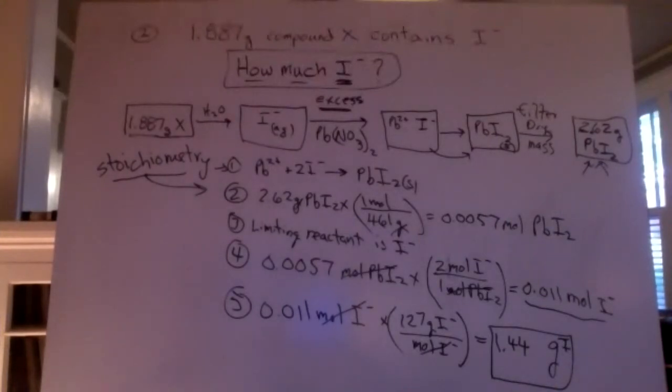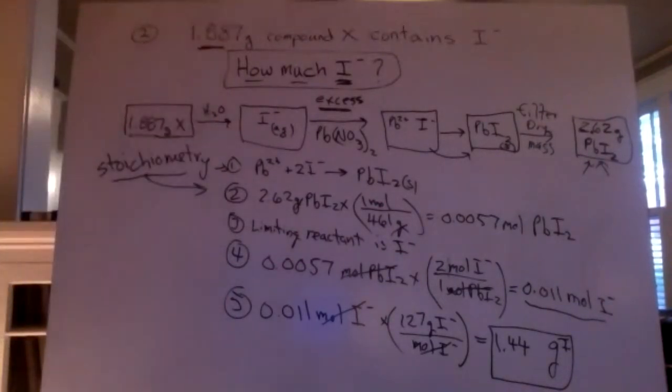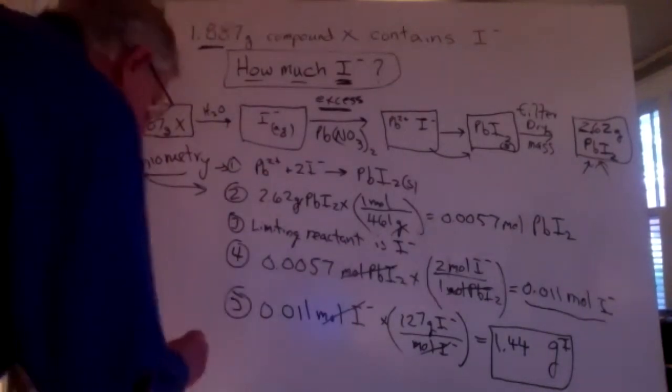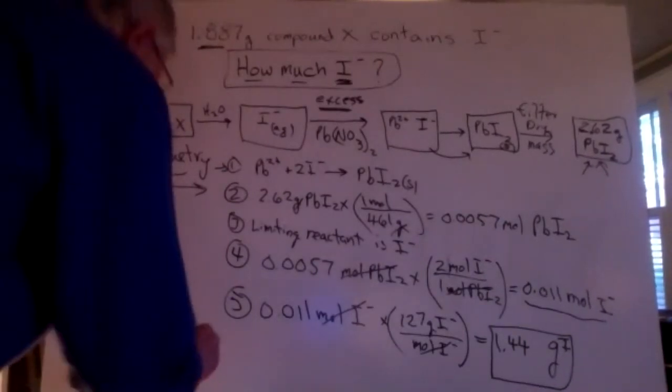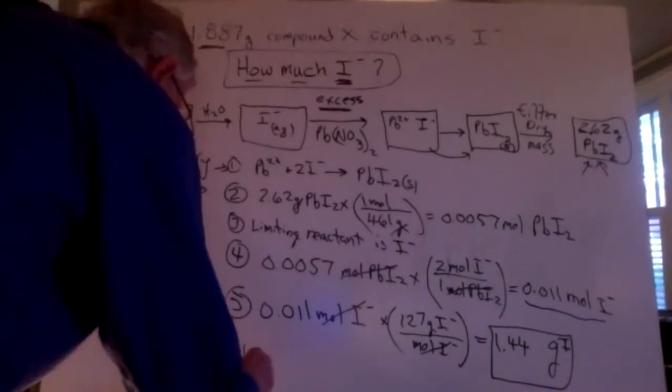There's 1.44 grams of iodide ion in our 1.887 grams of compound X. And if you wanted, you could convert that into percent mass. I think I did it on the practice test solutions, although the question didn't require that. It would be good to know.